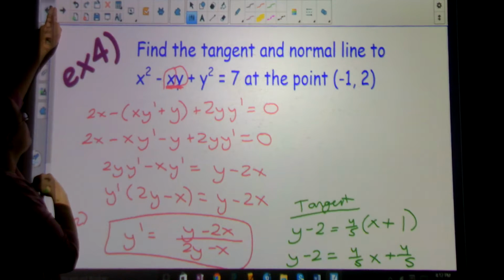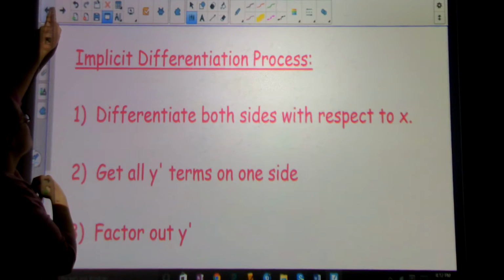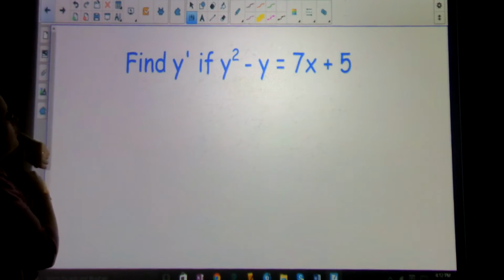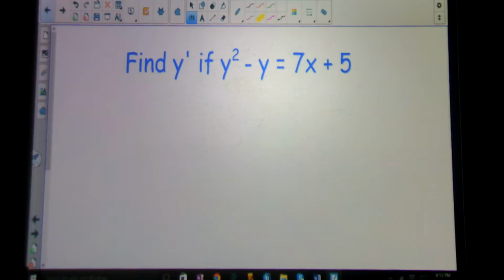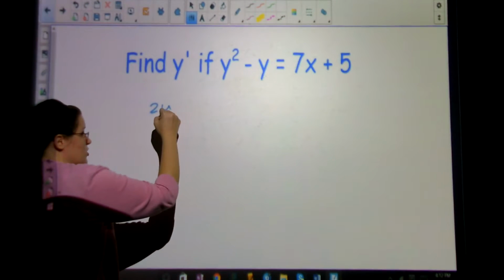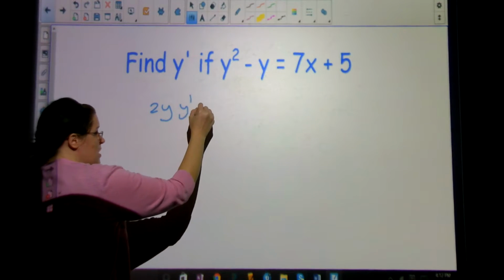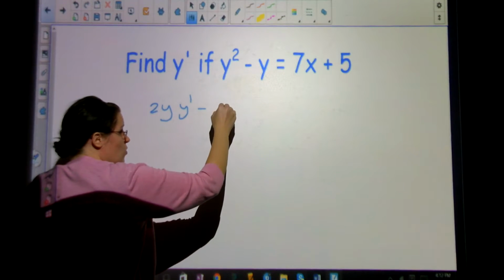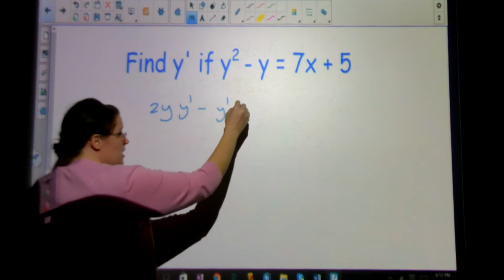Before we do the "you try", let's go back to our beginning one. This is the one where we could not get y by itself. So let's go ahead and use implicit differentiation. So the derivative of y squared is 2y y prime, minus 1 y prime equals 7.